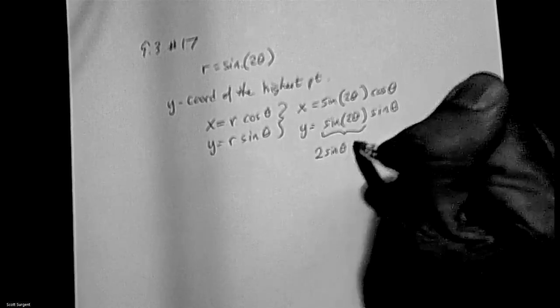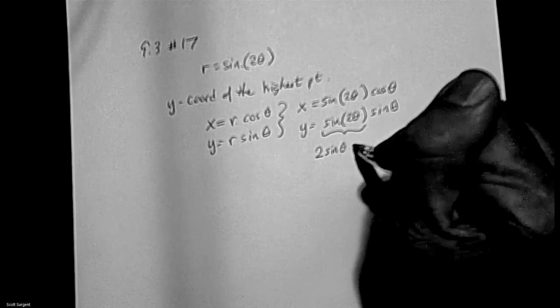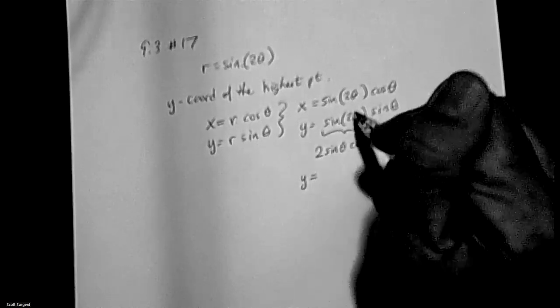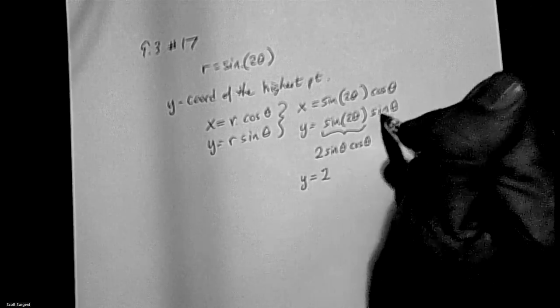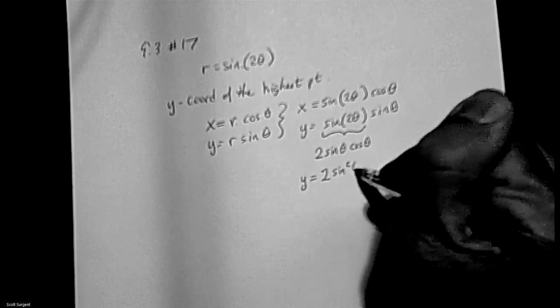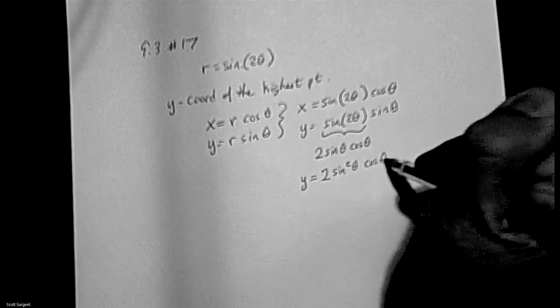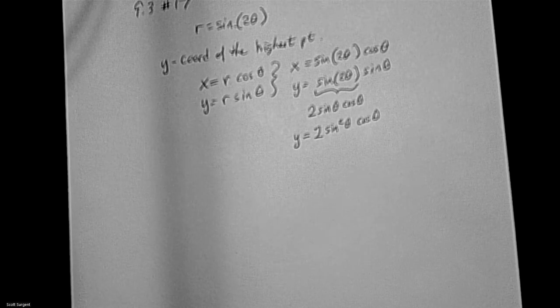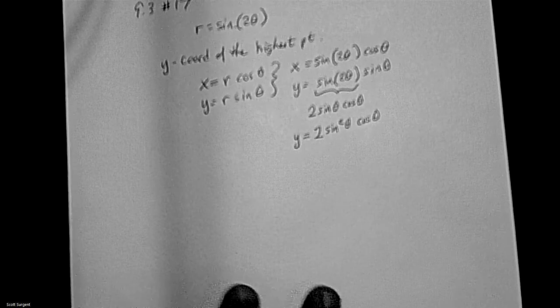So the double angle formula for sine 2 theta is 2 sine theta cos theta. That means y in its current form is 2 sine squared theta cos theta. That's just y. I haven't taken the derivative yet. Okay. I don't think you did anything wrong.